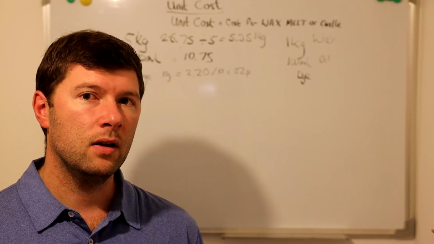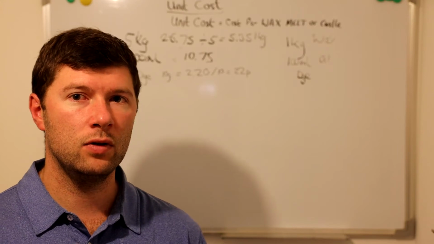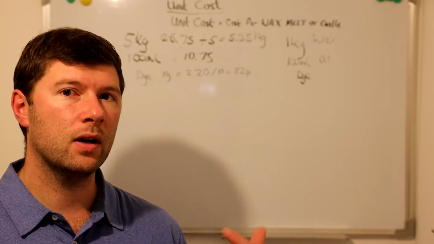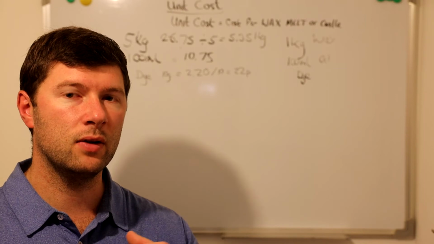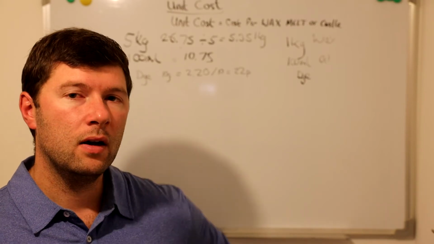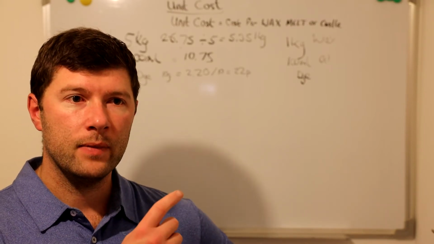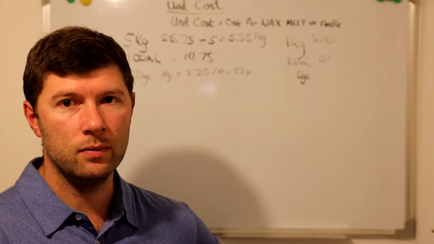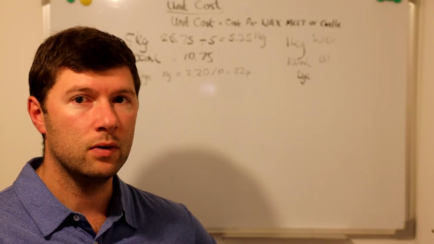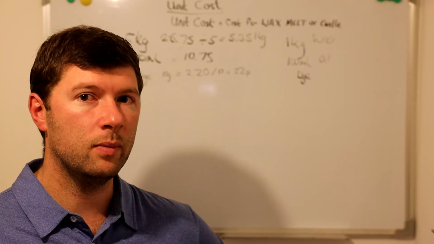So it's really difficult for me to tell you how much your cost per unit is, but I can go through the calculations on the board here to show you how to work it out for yourself. I'm going to use ingredient volumes that are general, so in terms of what the average person buys.